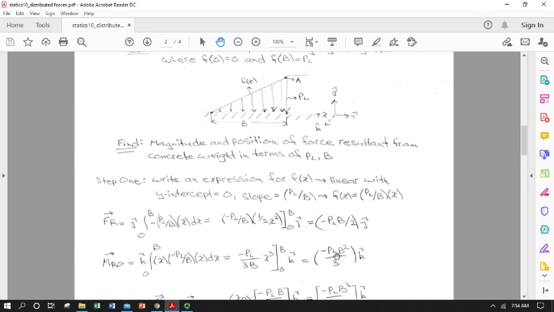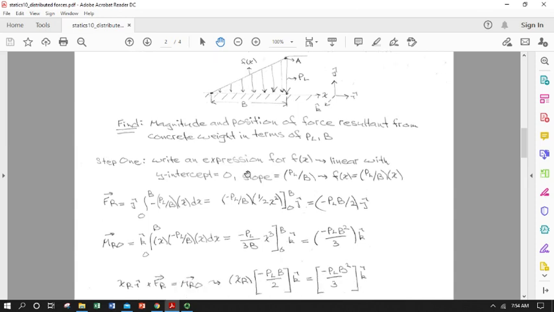So when we do our division, we're going to inadvertently, or deliberately maybe, define the centroid of a triangle, and also know where that resultant P sub L B over 2 equivalent force is located with respect to the start of our ramp.